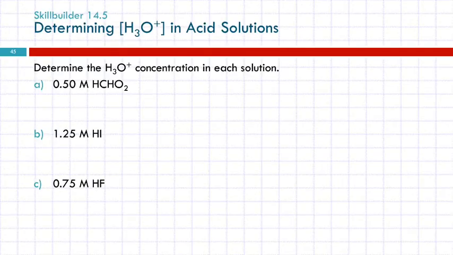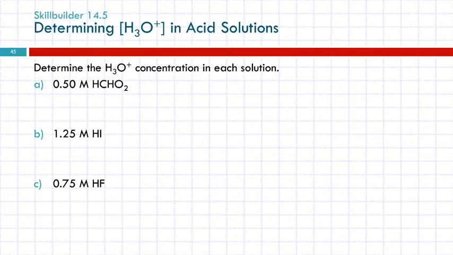Okay, let's determine the hydronium ion concentration in each solution. So here we have 0.50 moles per liter HCHO2. The first thing we have to ask ourselves is it a strong acid or a weak acid? It's weak. If it's got carbon in it, it's going to be a weak acid. You could go look at the tables. This is a weak acid.